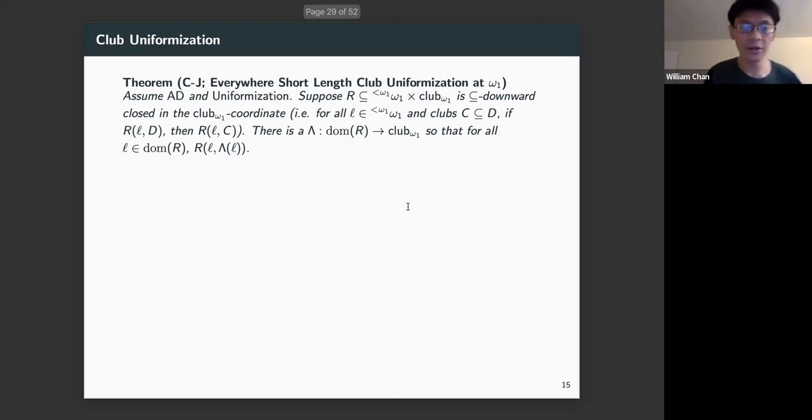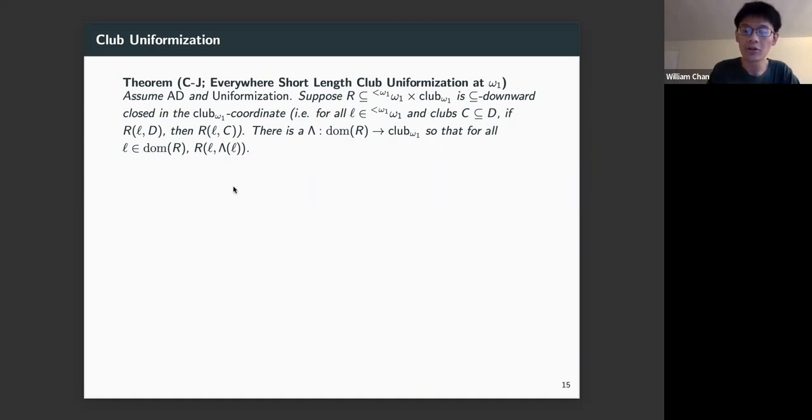So the first type of result we have, I call it the everywhere short length club uniformization at omega 1. The hypothesis is: assume AD holds and the principle of uniformization holds. This says that every relation on R can be uniformized.